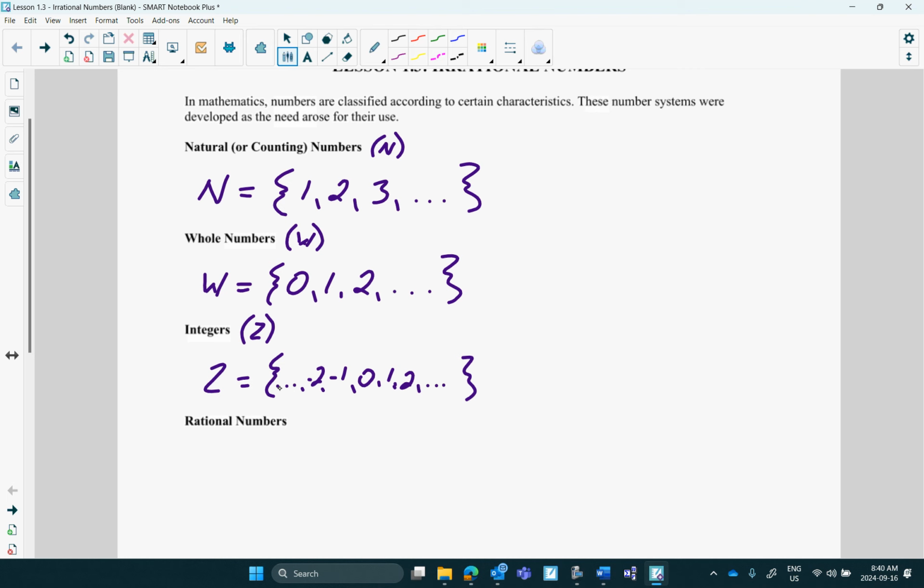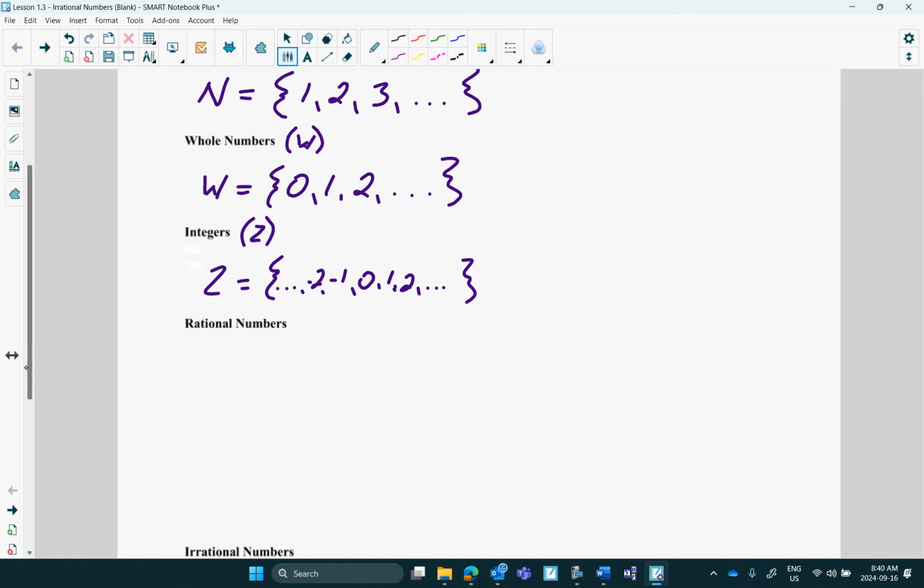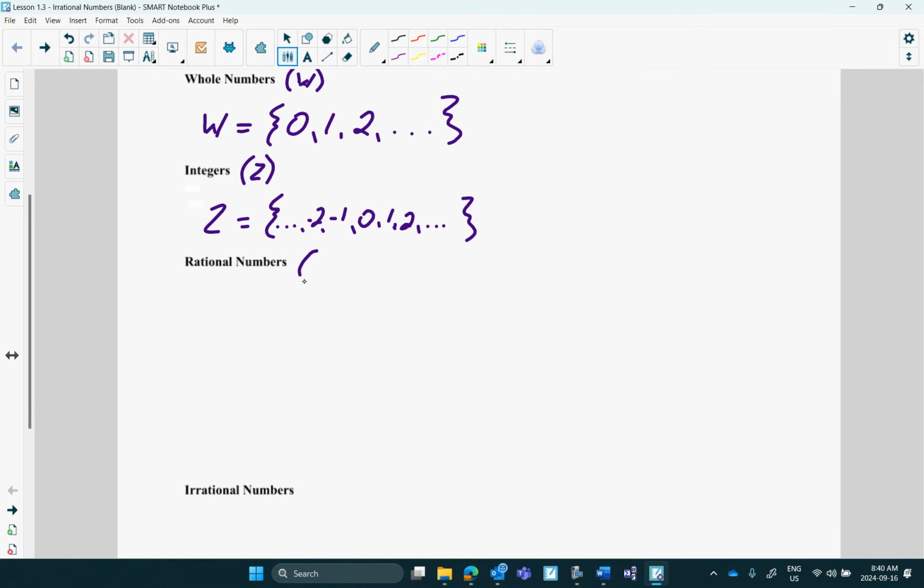We did a lot of work on these rational numbers last year, and we actually call these Q, because we use R for something else, which you'll see in a second. Okay? We can't write rational numbers in the notation like we did with the previous 3, because how do you count up and down?